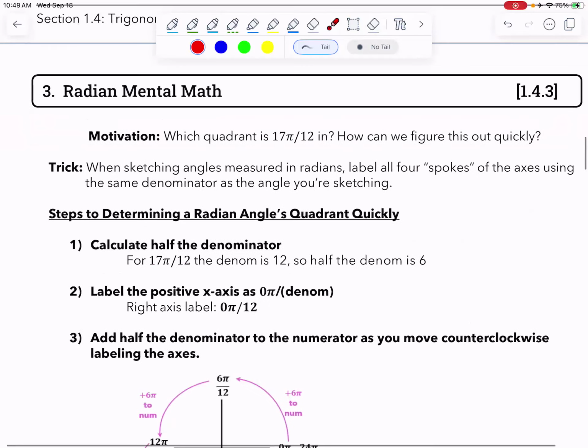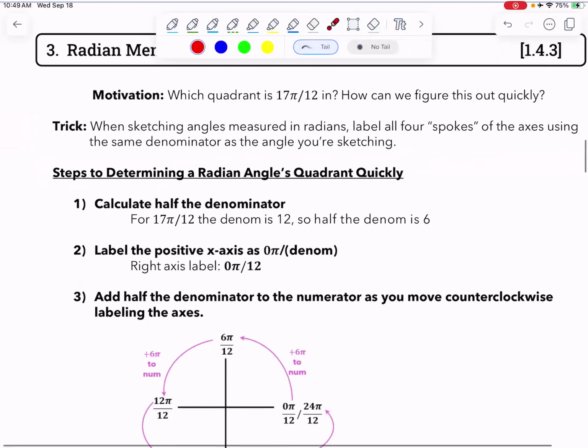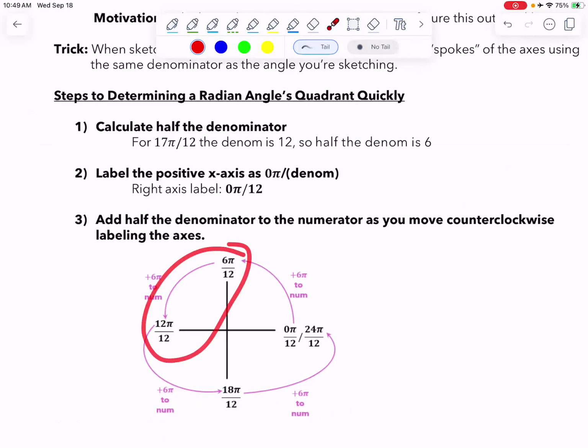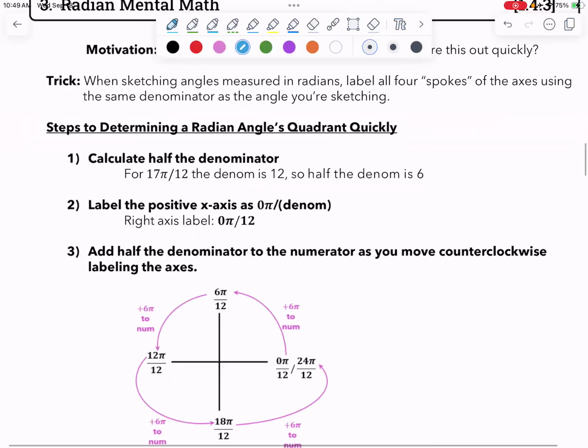The easiest way to figure out where something like 17 pi over 12 would be on the unit circle is to relabel all of the axes by using the denominator of the radian measurement you're looking at.